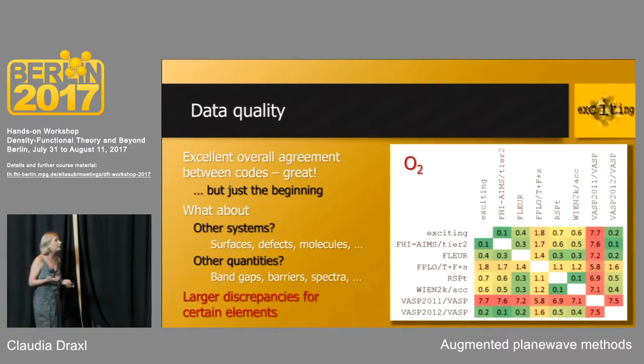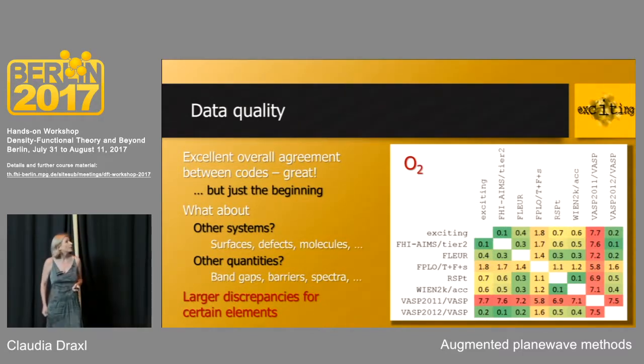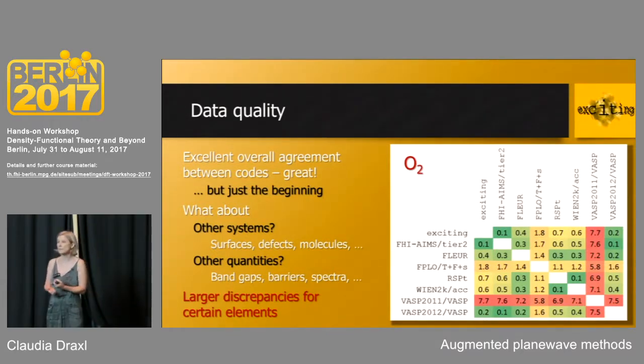Now, if we look into details, of course, this was a very simple test because it only concerns very simple materials and also very simple quantities and just one functional. So I think the way to go is to explore other systems, other quantities, other functionals, other methodology. But what I would like to point out is that there are even larger discrepancies for certain elements. If you look, for instance, at oxygen, which is obviously a more tricky atom, then you see that even between these all-electron methods, there are more differences compared to the average we have seen before.